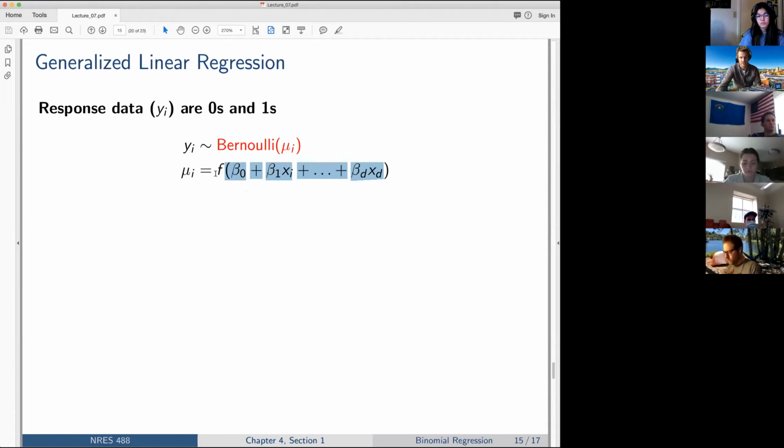And that's what this function does. This function here, we haven't talked about what function it is, but it's going to bend this straight line that we saw before to be restricted between the values of 0 and 1. Any questions on that?